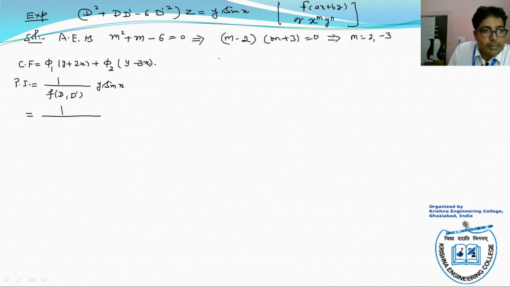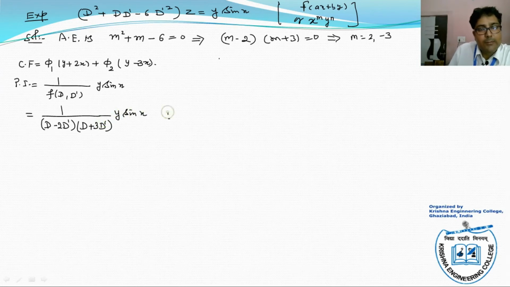So we can write this as (D - 2D') and (D + 3D') on y sin x. Clear? Here psi(x, y) is equal to y sin x.